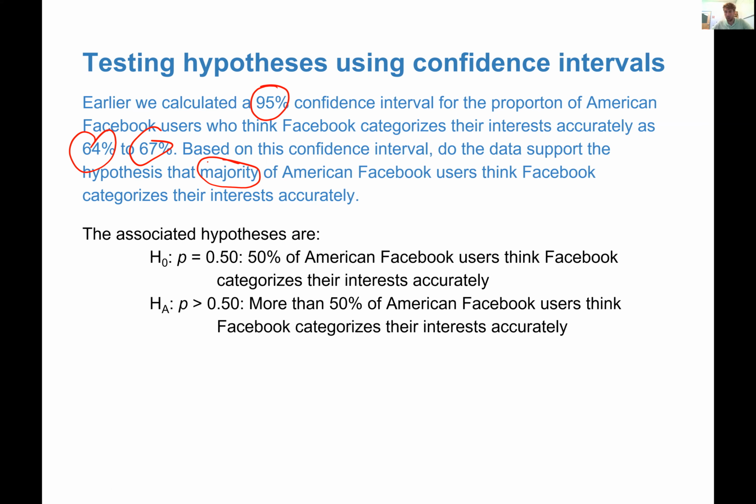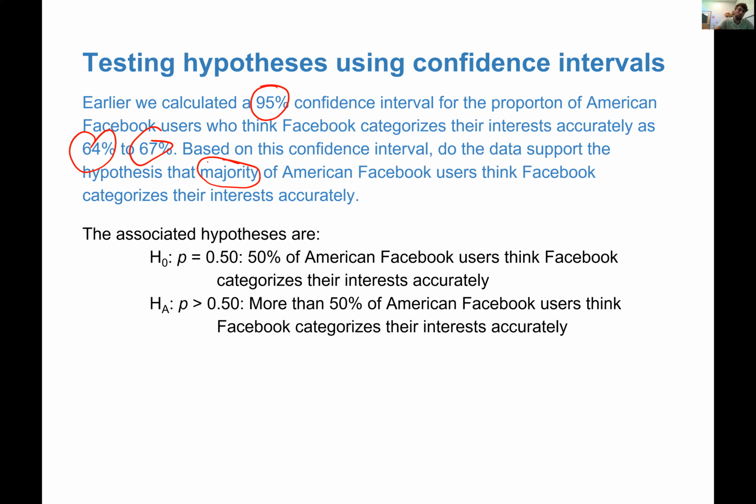So our null hypothesis is that p is equal to 0.5. And really, you could say it's greater than or equal to, but we'll just say equal to. The alternative hypothesis is one-sided because we're talking about majority: is it greater than 50%?